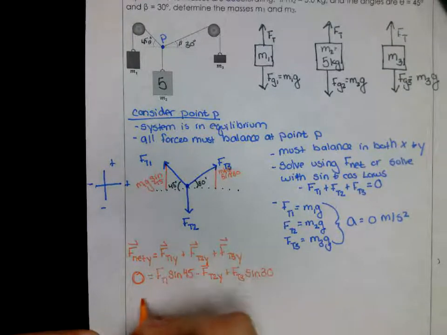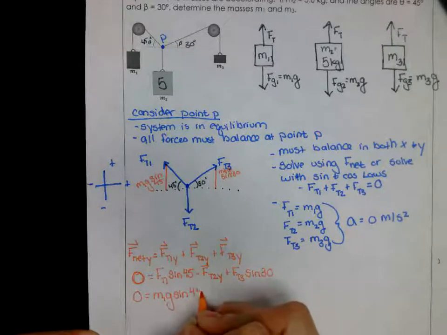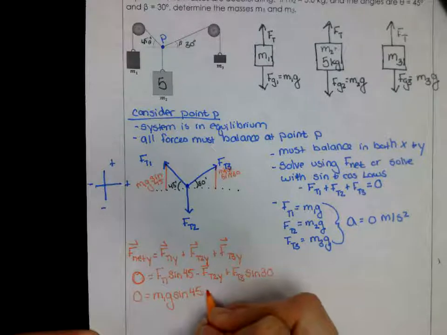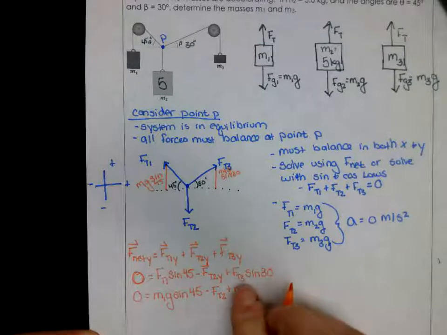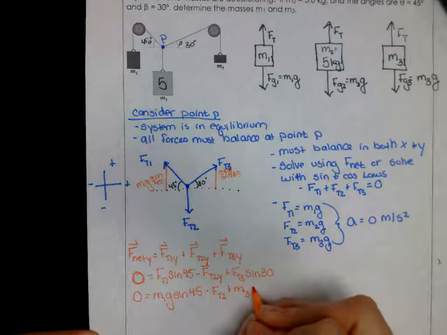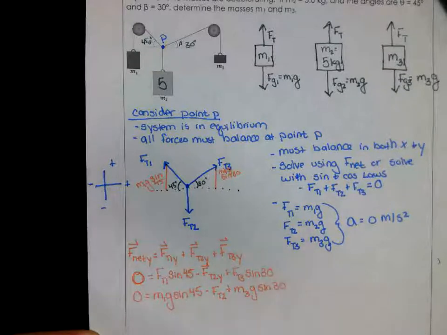All right, now I need to take out the force of tension 1. So we said the force of tension 1 is equal to mass 1 gravity, sine of 45, minus the force of tension 2, plus mass 3 gravity, sine of 30.